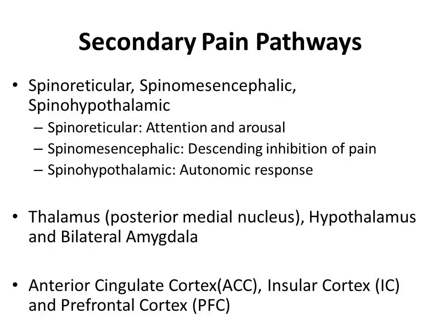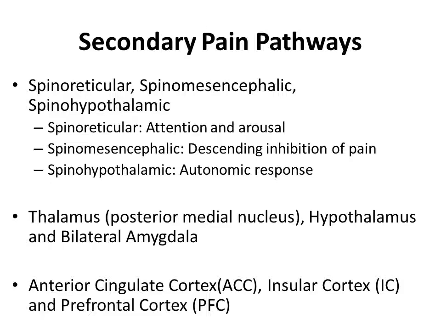So it helps us to inhibit pain. And then spinal hypothalamic is going to the hypothalamus, which is going to help to modulate some of those autonomic responses. So spinal reticular kind of helps us pay attention and gets us aroused, so we're attending to whatever it is that's hurting us, whereas more the blood pressure, heart rate responses, those kinds of things are being dictated by the hypothalamus.